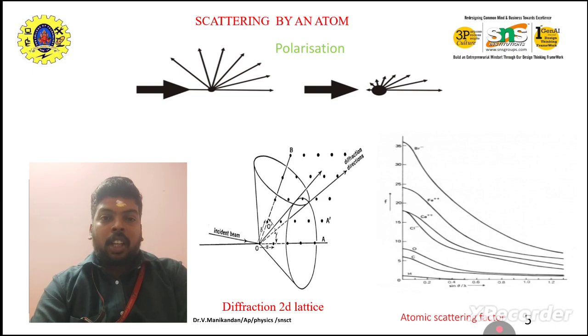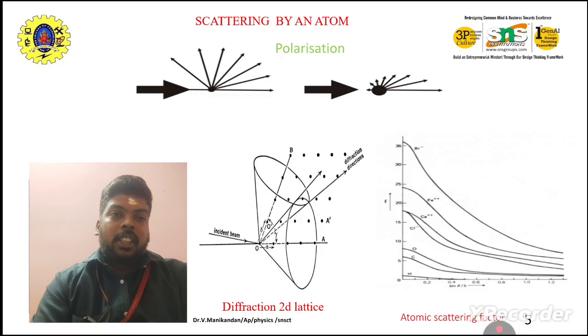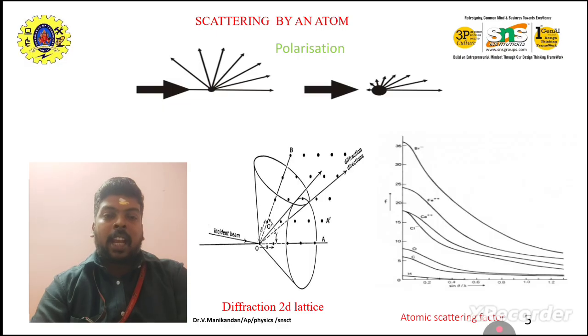According to the electron density, this is called the structure factor. The atomic scattering factor is nothing but how much electron density is present in the crystal structure, and electron diffraction depends on it.